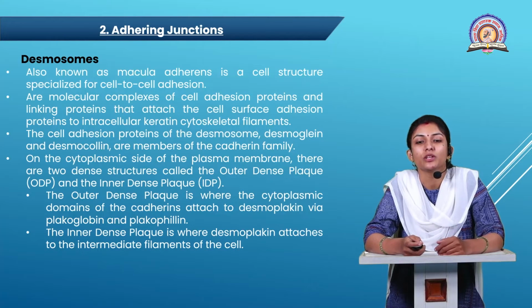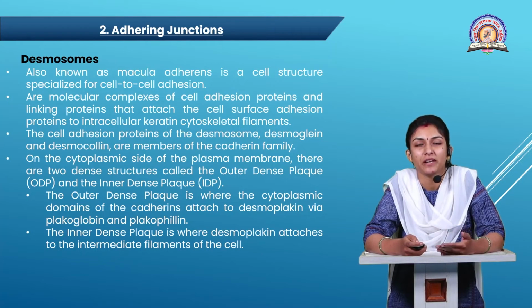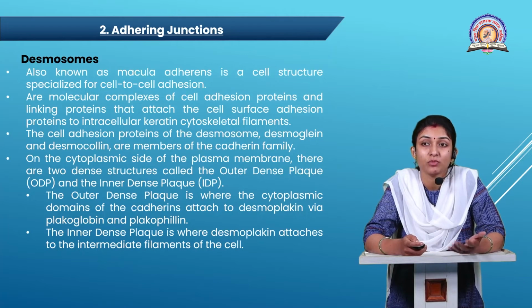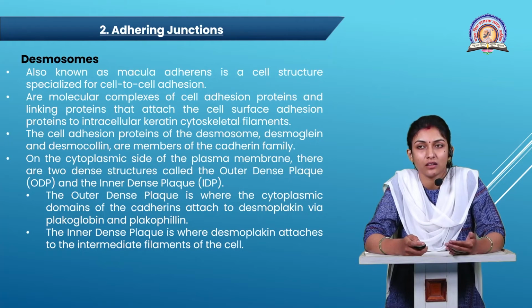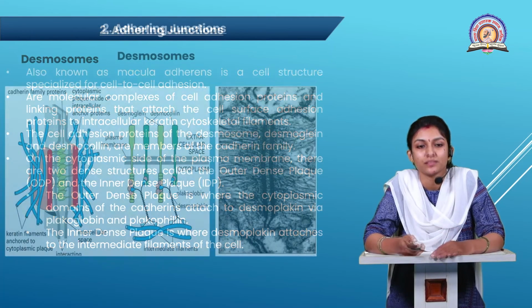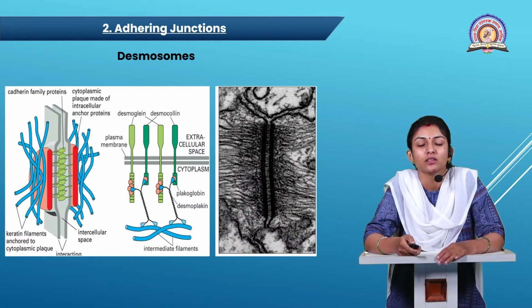Desmosome includes desmoglein and desmocollin, members of the cadherin family, and it involves calcium dependent adhesion molecules, meaning adhering junctions include cadherin type adhesion molecules. Such connections are found in desmosomes. Desmosomes involve cell to cell communication via intermediate filaments of the other cell. An adhering junction includes a cadherin.